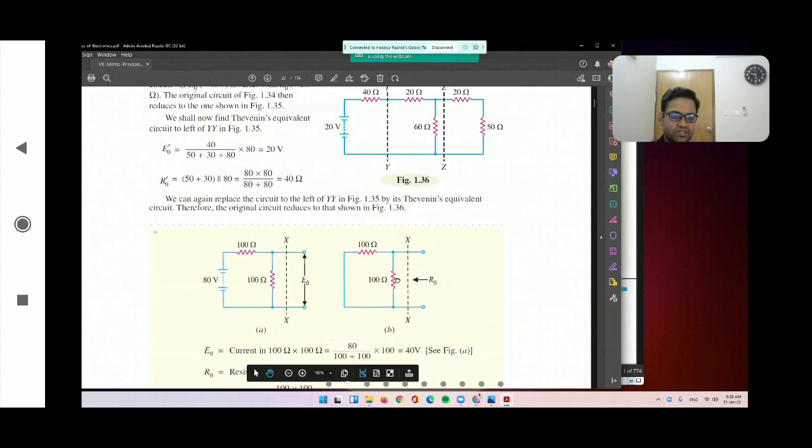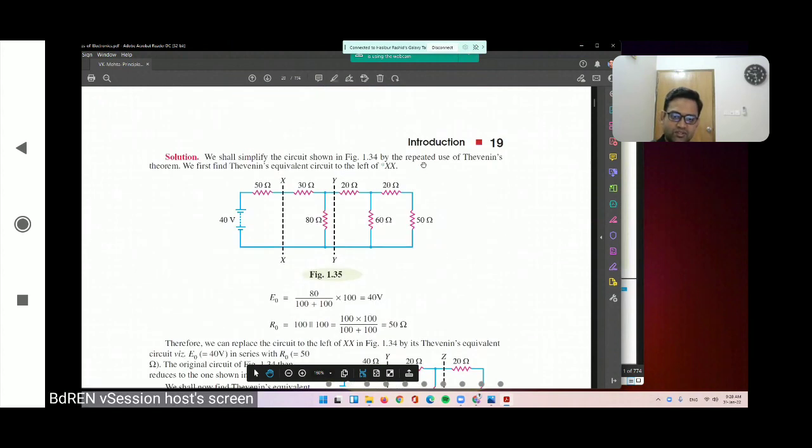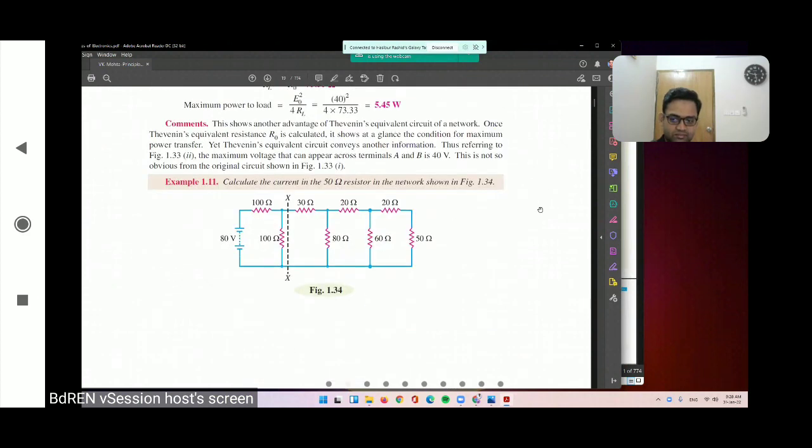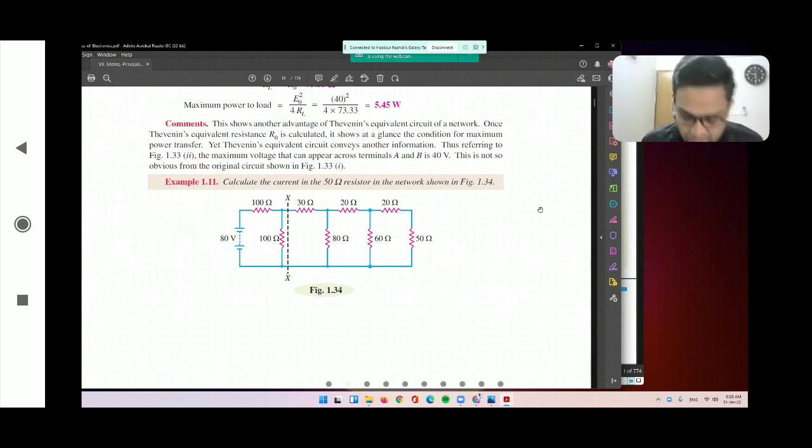It is now up to you which technique you are going to use to solve the circuits. Right? Fine, any question? Feeling a little tired. Any question? No?